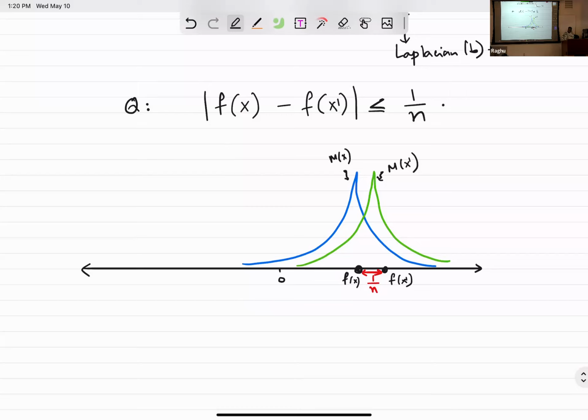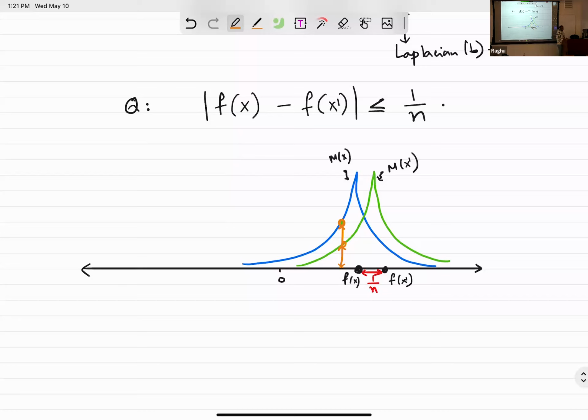Okay. And what are we interested in terms of differential privacy? We are really interested in comparing the heights at any 2 points, right? Take any point, what is this probability divided by the bigger probability and so on.